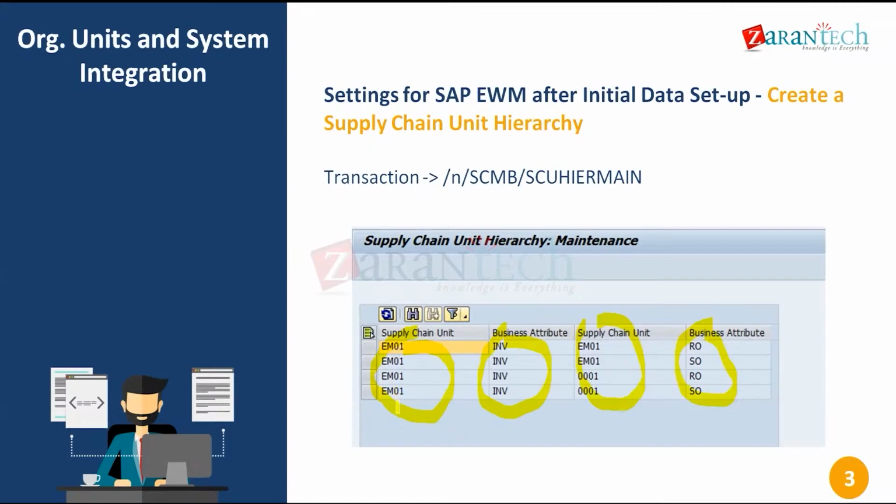So here for our warehouse, I'm going to maintain entry PL34 INV, and I'm going to assign it to supply chain units SH34 RO and SH34 SO. Okay, so I'll do that setting. I need to first fix this supply chain unit which I've created wrongly.